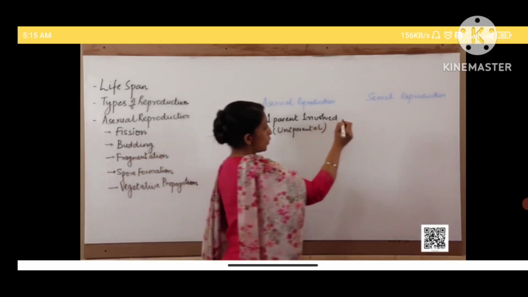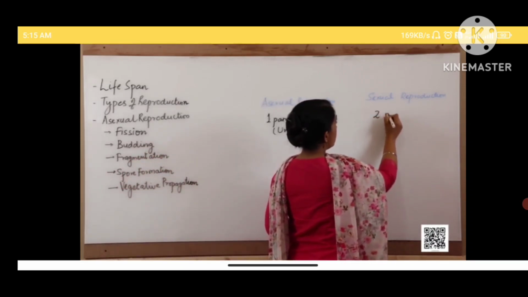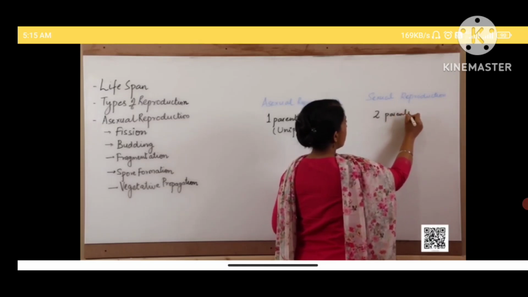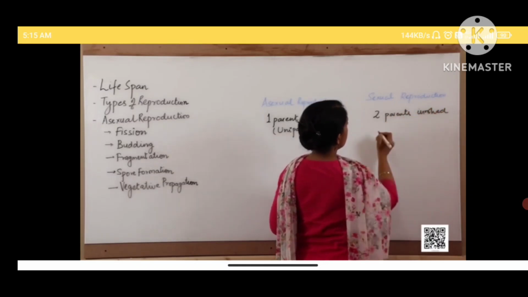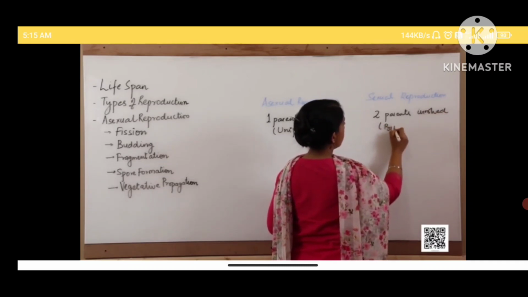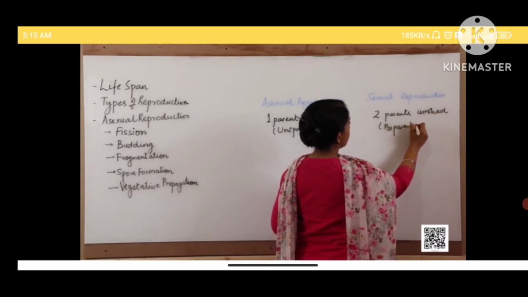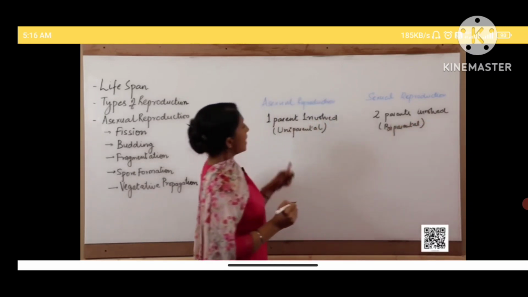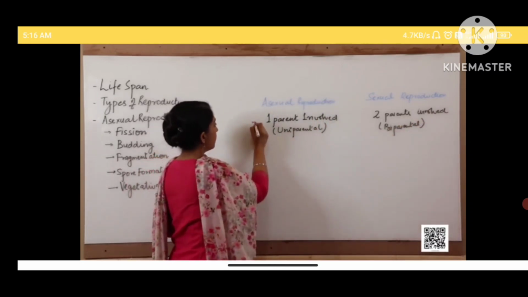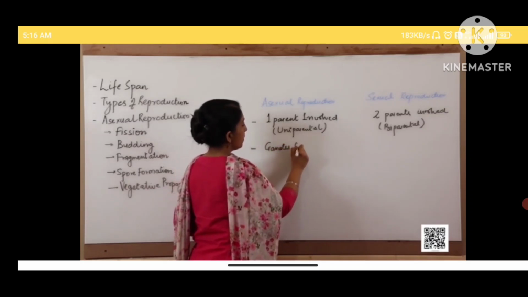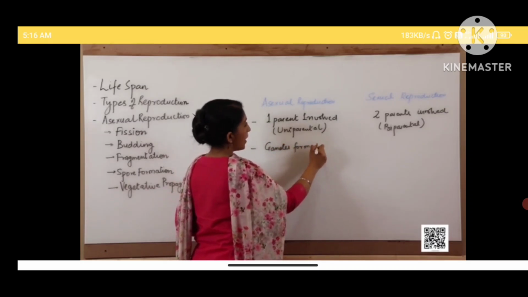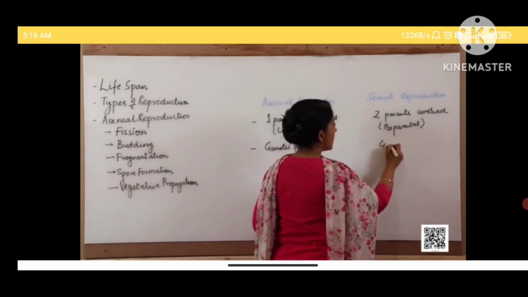In sexual reproduction, always two parents are involved. They are biparental. In asexual reproduction, gametes are not formed, whereas in sexual reproduction, gametes are formed.